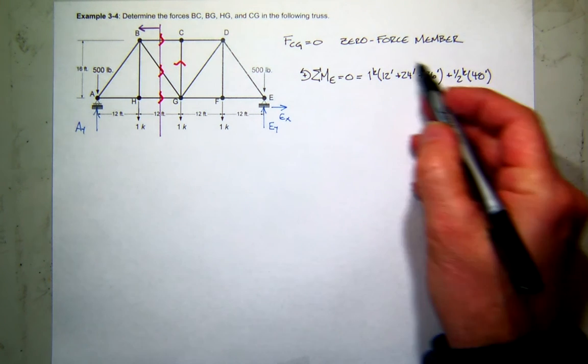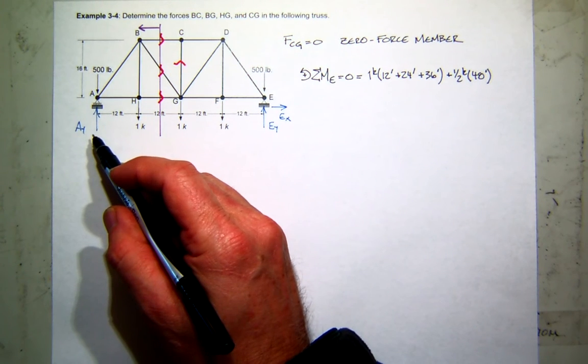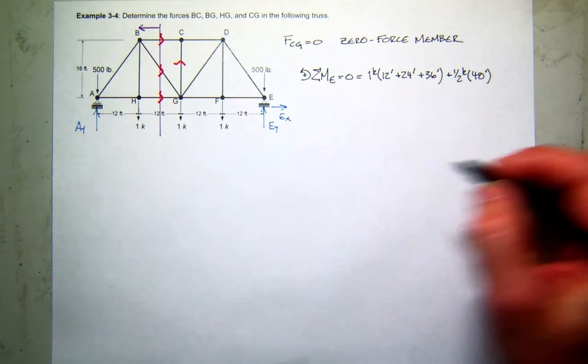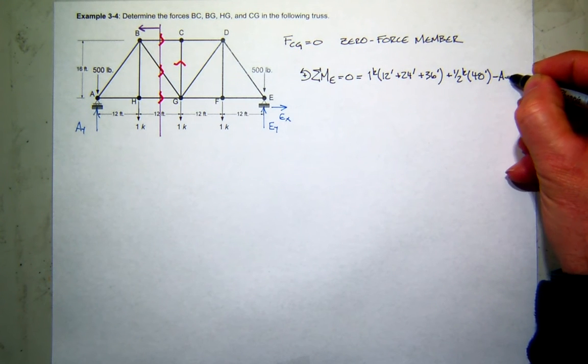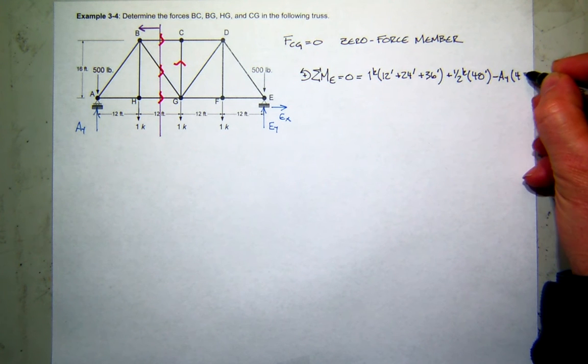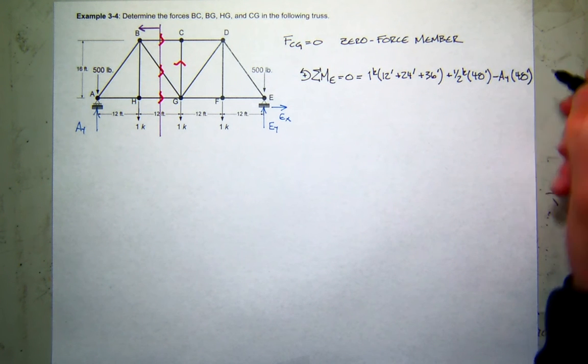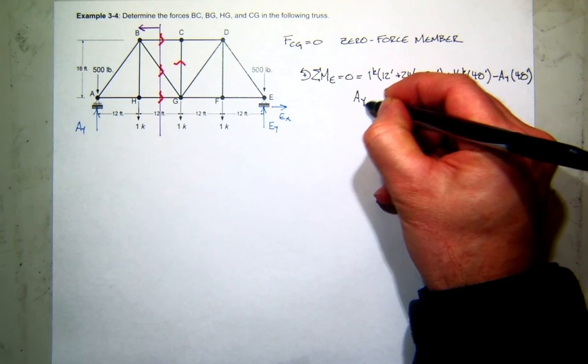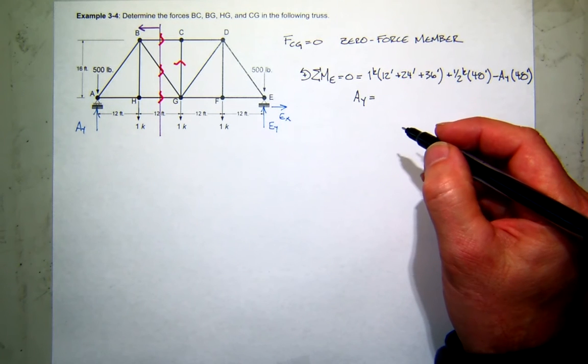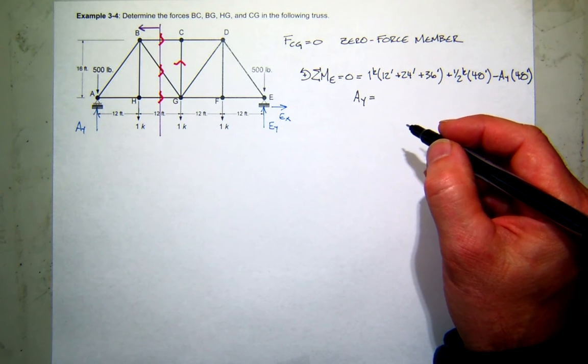And then that's all being balanced by the reaction AY, which creates what kind of moment? Negative. And that has also a moment arm of 48. So we should be able to solve for AY. I think it's 2.